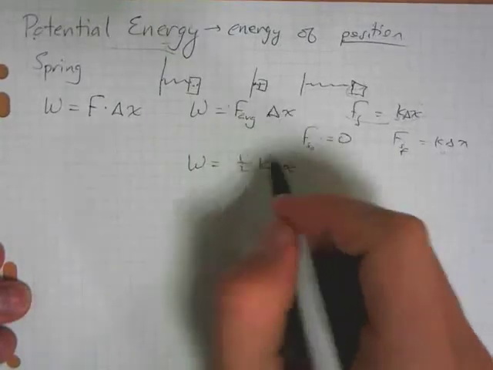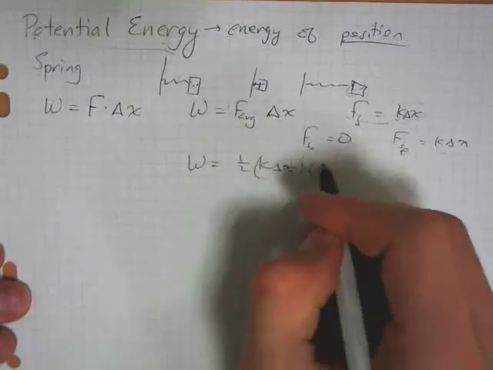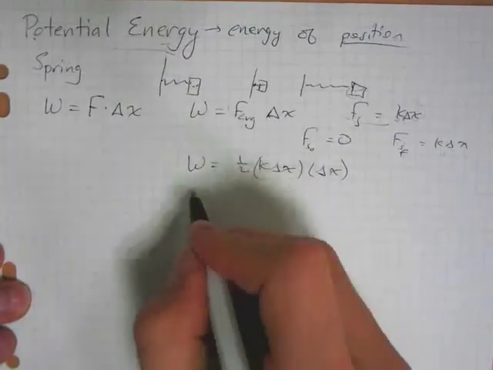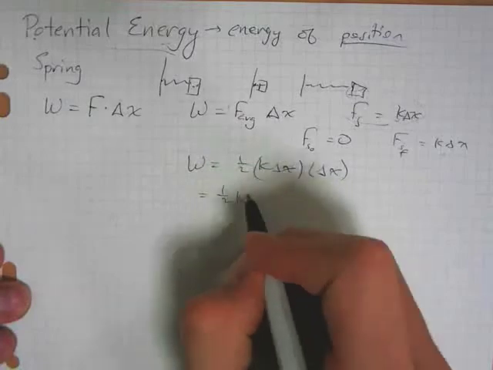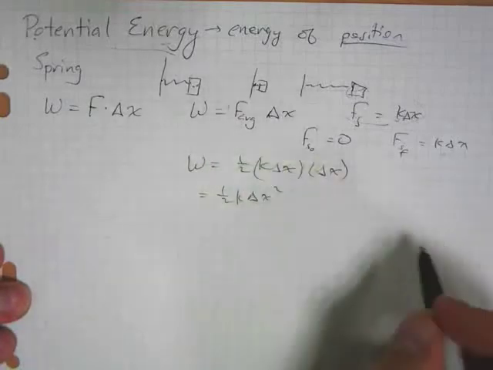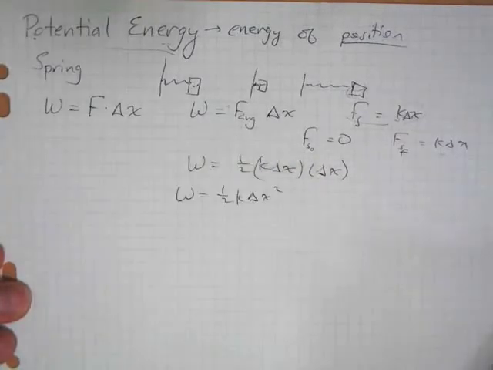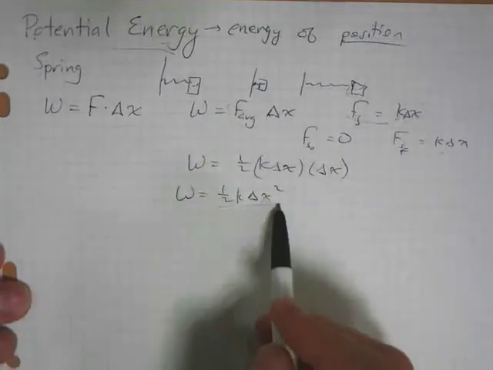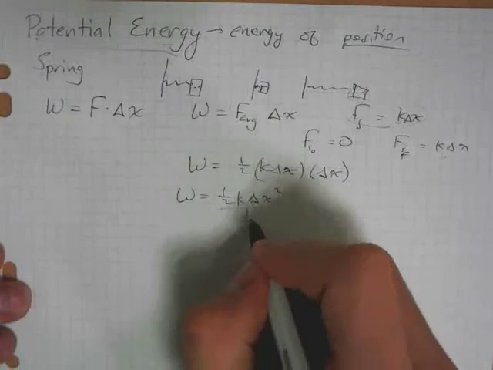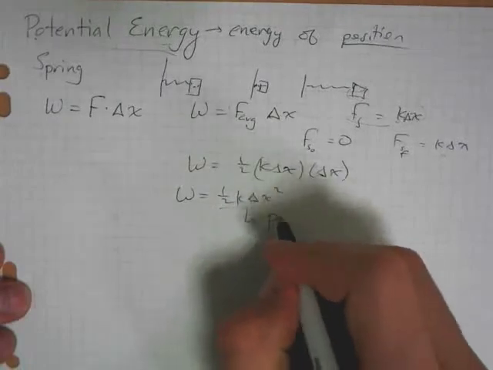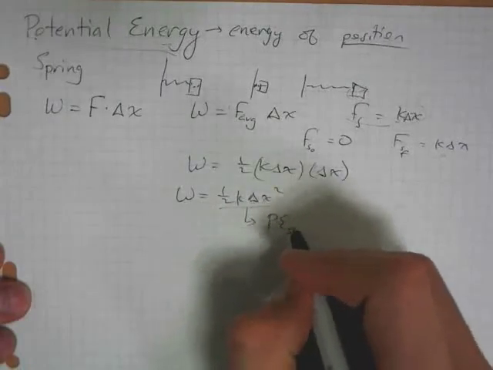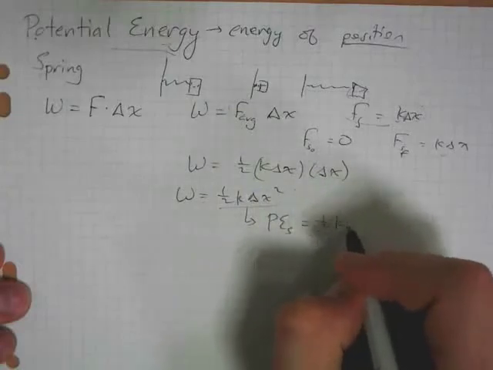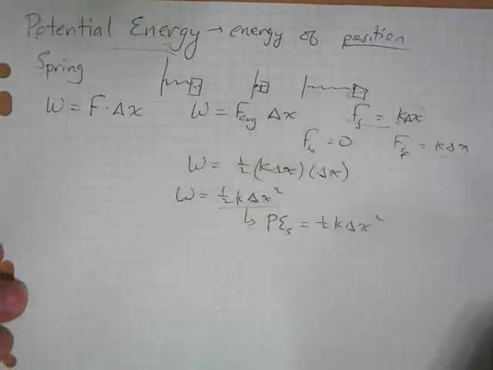So the work is half k delta x times delta x. So you do 1/2 k delta x squared work in order to compress the spring, thereby giving the object this much potential energy. And this is the definition of spring potential energy. Potential energy of the spring is 1/2 k times delta x squared.